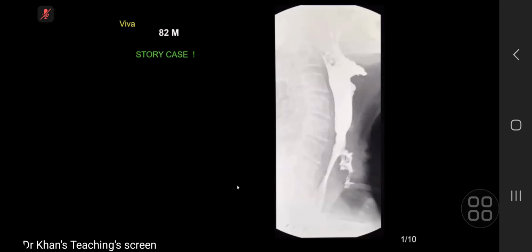So this is a lateral projection of a barium swallow. There's contrast outlining the hypopharynx and proximal esophagus, with some evidence of aspiration.